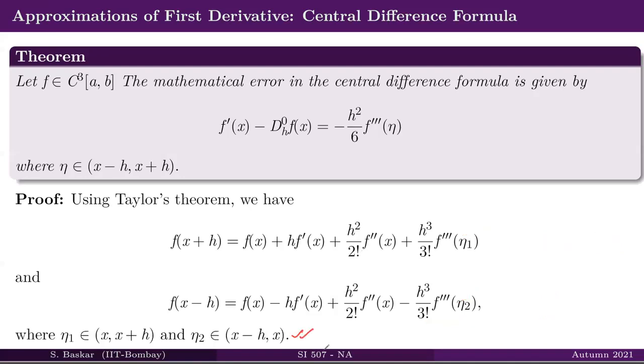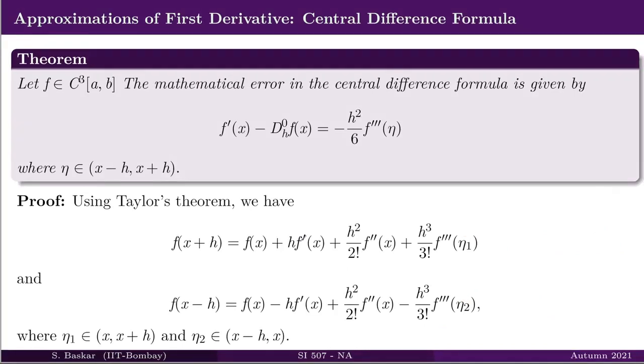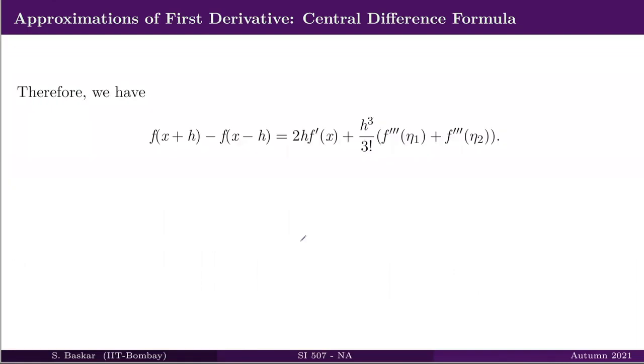So that is what is written here. Let us substitute these two expressions in the central difference formula. Recall that the central difference formula is given by f of x plus h minus f of x minus h divided by 2h, right?